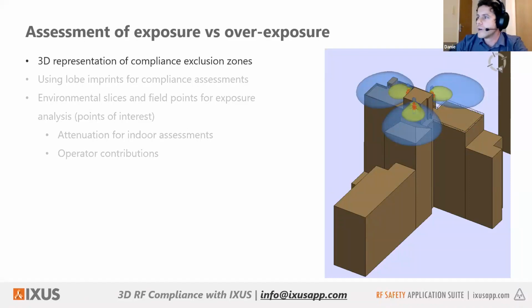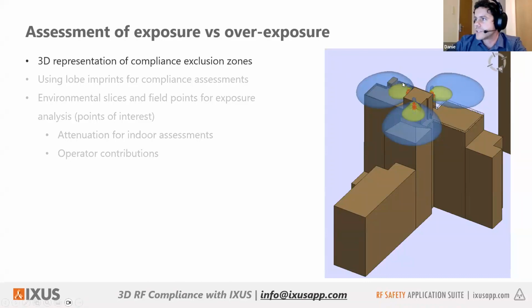So, okay, for all our international clients, this specific rooftop is actually one that is located in the United States. So the exposure standard that would be relevant in this case is obviously then the FCC OET 65. So that uses the public exclusion zone as a blue exclusion zone, the yellow as the occupational, and the red as a 10 times occupational.